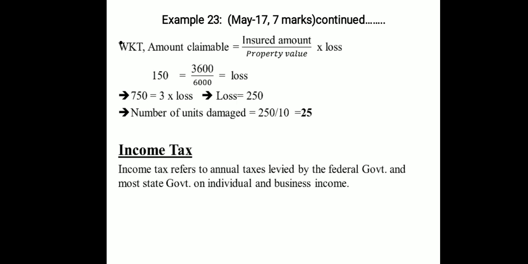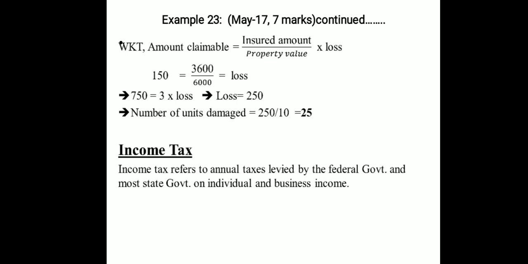Tax is levied by the federal government or state governments on individual and business income. So whoever it may be, in the present case, whoever's income is more than 3 lakhs has to pay the income tax.